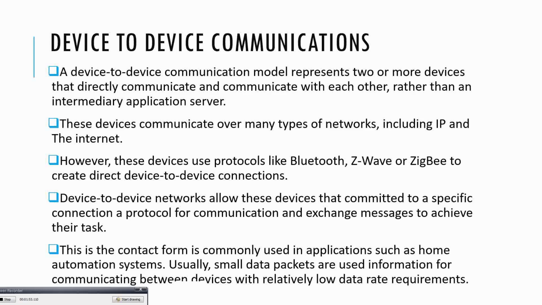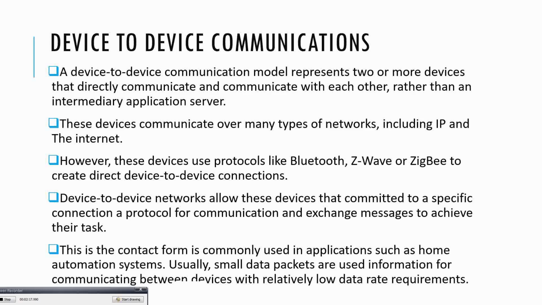However, these devices use a protocol like Bluetooth, Z-Wave, or Zigbee to create direct device-to-device connections. Device-to-device networks allow devices committed to a specific connection protocol to exchange messages to achieve their task.